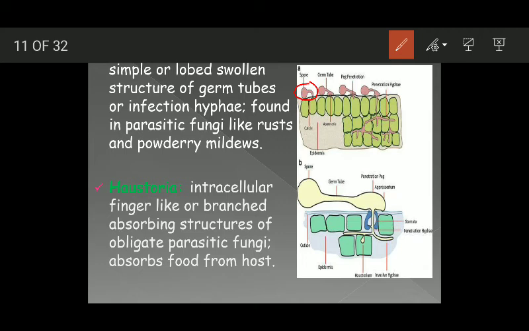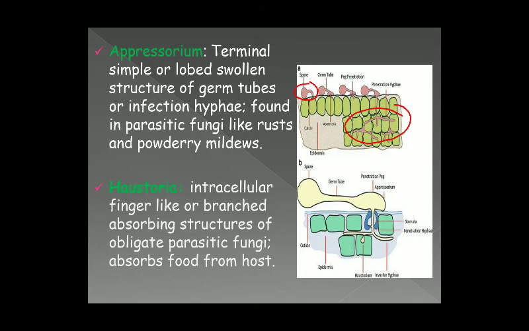The terminal points of these germ tubes become swollen, and sometimes they become lobed. These structures are actually meant for infection. They are meant for penetrating the host cells. These appressoria have been found in some parasitic fungi like rusts and powdery mildews.